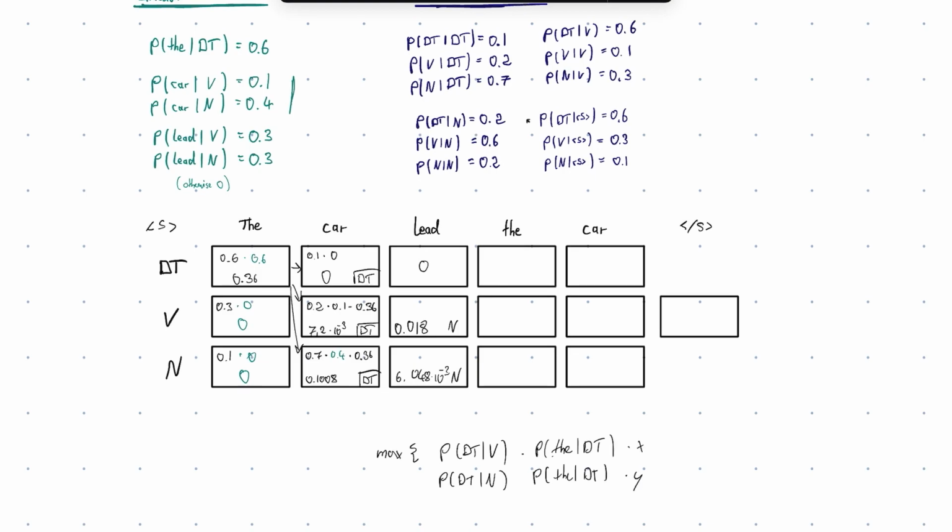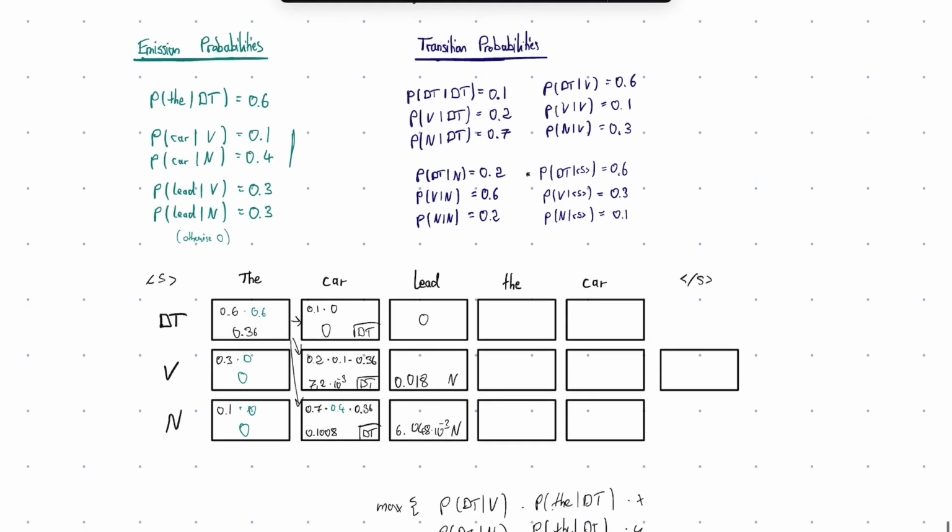We don't have the determiner one, so we can leave it out. Otherwise there would be 3 terms in this maximum function. And yeah, we can add the numbers here again. Determiner given verb is 0.6, determiner given noun 0.2, the given dt is the same for both, 0.6.